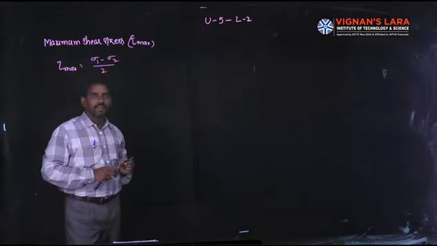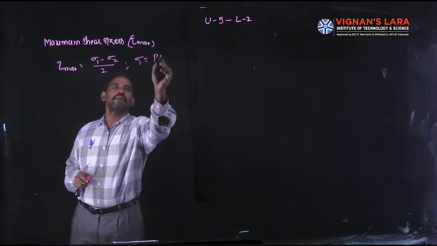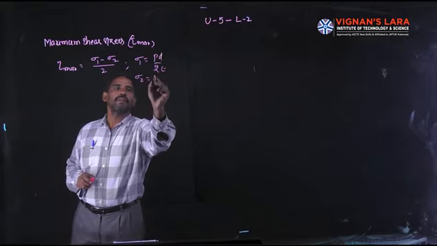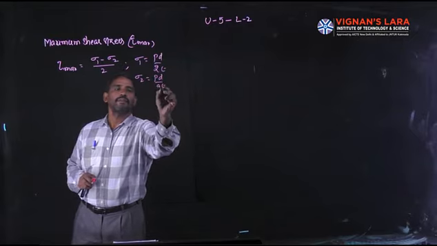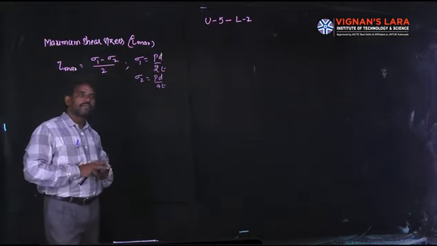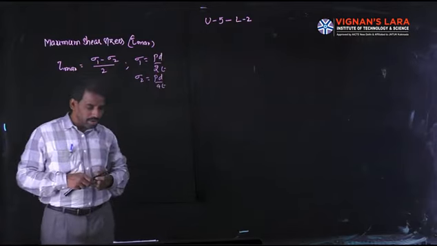What about sigma 1? Sigma 1 is equal to PD by 2T and sigma 2 is equal to PD by 4T. Here sigma 1 is the stress circumferentially, and sigma 2 is the stress longitudinally.